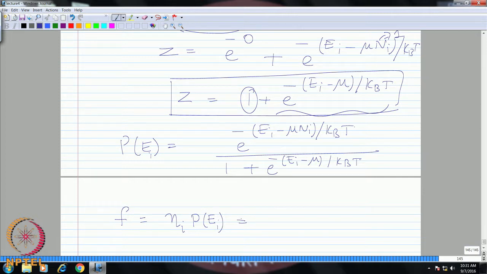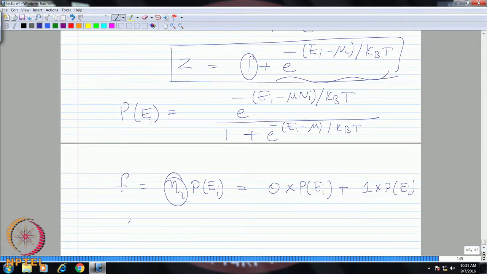So, based on this, again you can talk about two cases, one in which you have no occupancy, 0 times P E of I, the other is fully occupied, 1 times P E of I. So, this term is completely 0.